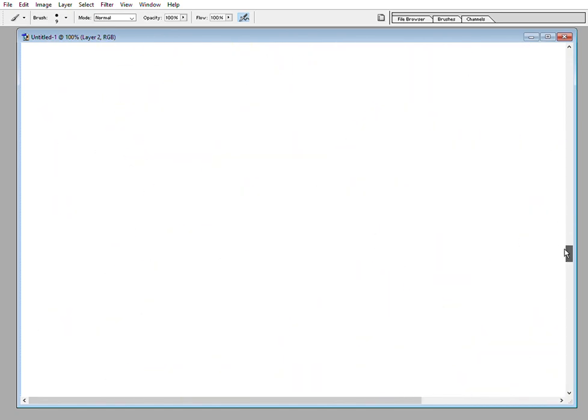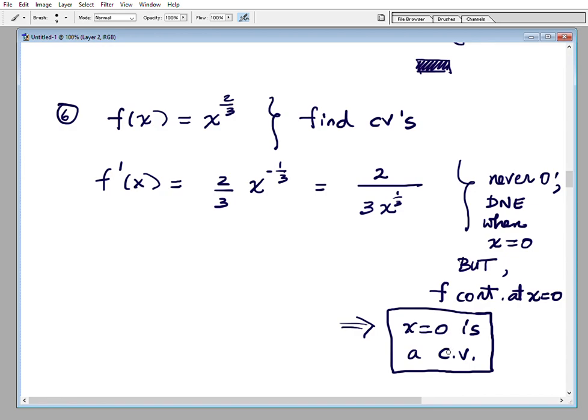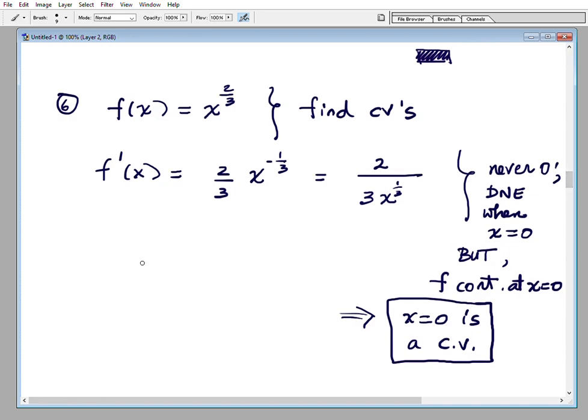So here's an example of that type of critical value. And this is actually a min. We'll do a plus minus analysis and see it's a min, but here's the graph. Sort of comes to a point at 0. Okay, that's 0.